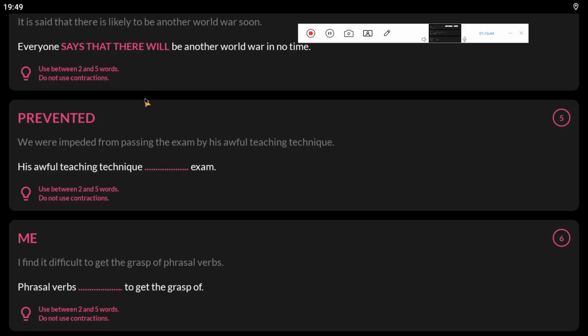This is a fixed expression: prevented from. Prevent from. For example, let's imagine that you don't understand something, as always I tell you, don't prevent yourselves from asking me, right? If you don't understand something. It is exactly like this in here.